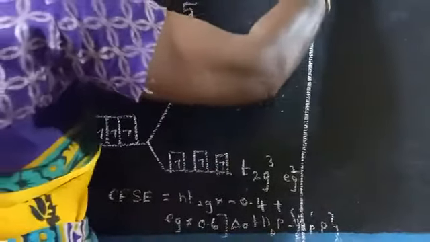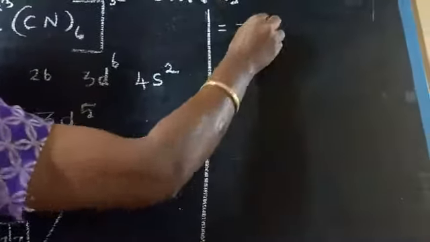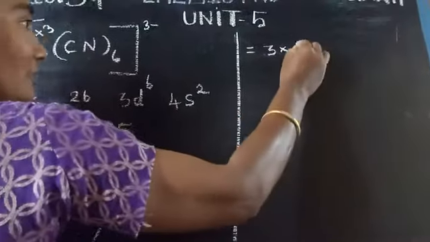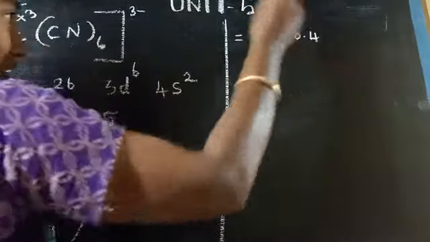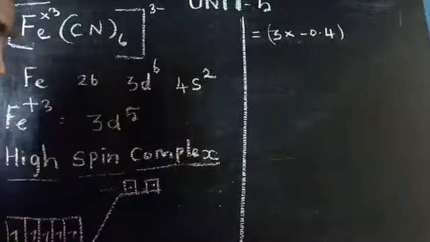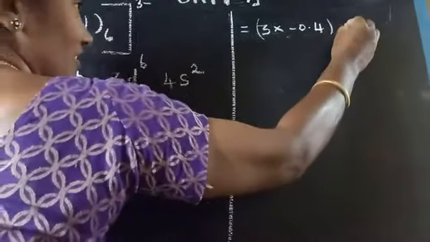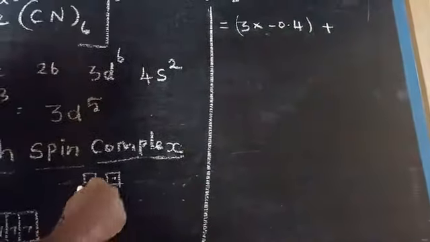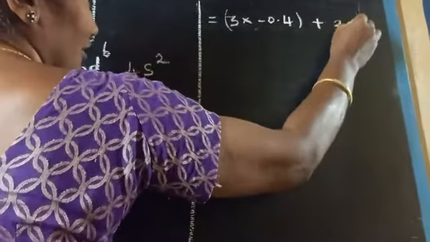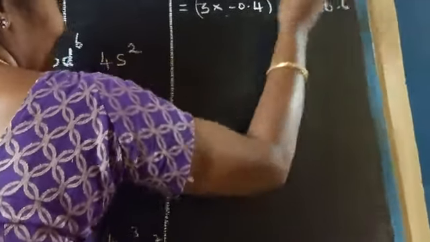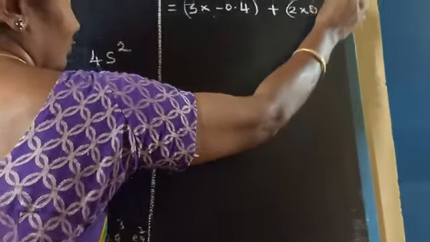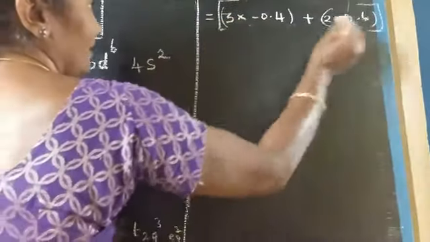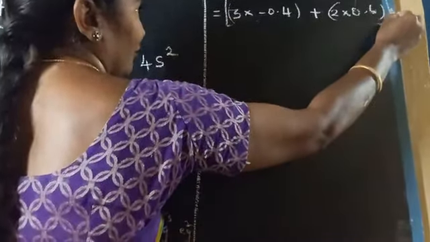So now apply here 3 into minus 0.4, next plus Eg. How many electrons? 2 electrons. So 2 into 0.6. So overall it is multiplied with delta 0.